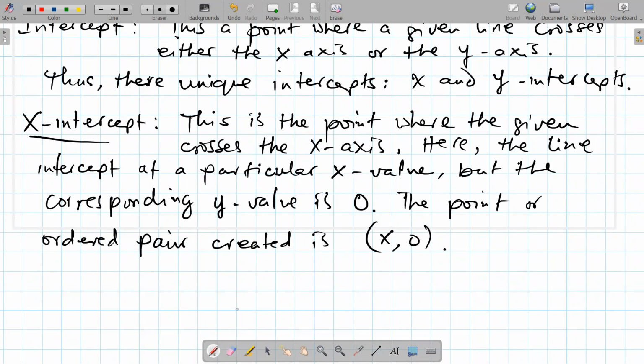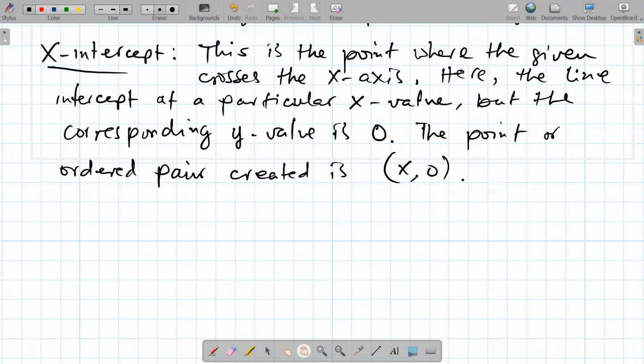So note that you have a particular x value because the line intercepts the x-axis at a particular value, which you should be able to identify, but the corresponding y value is going to be 0 at all times.